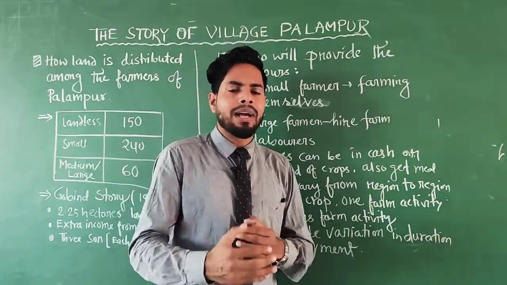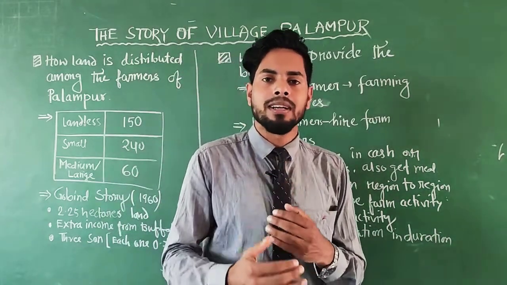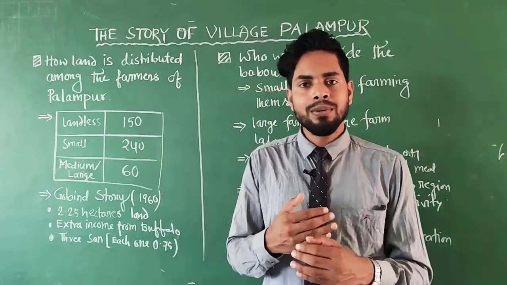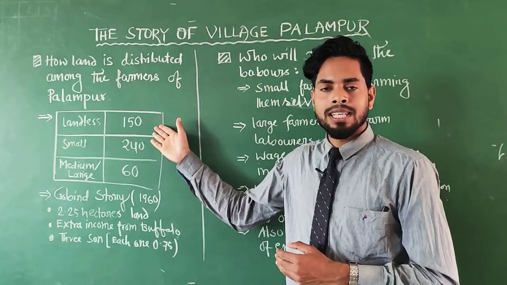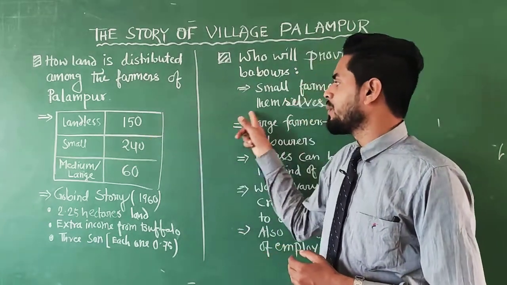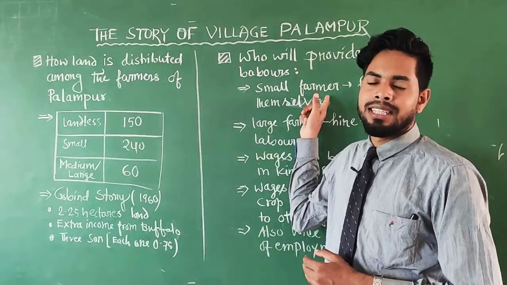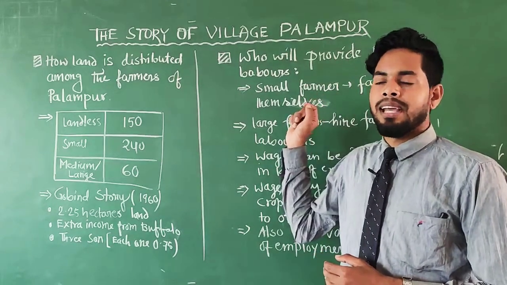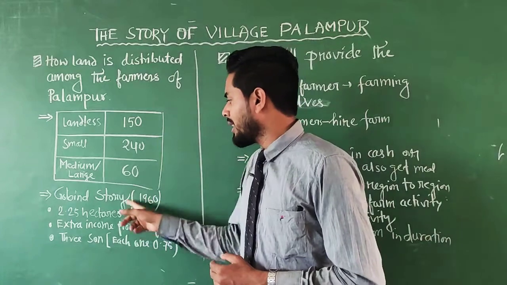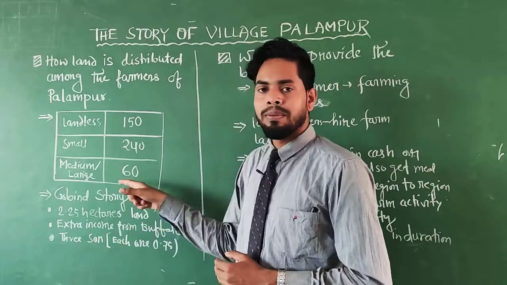But in Palampur, who provides the labor? Already we discussed that the 150 landless families work directly in the fields. They provide the labor. And also we saw the story of Gobind.